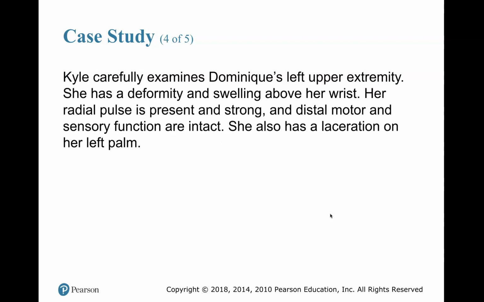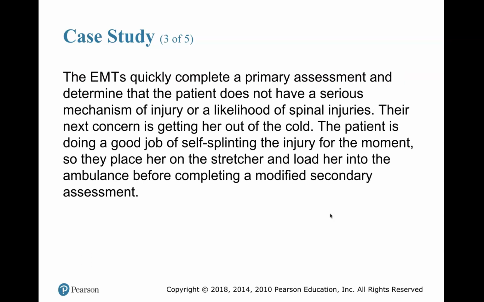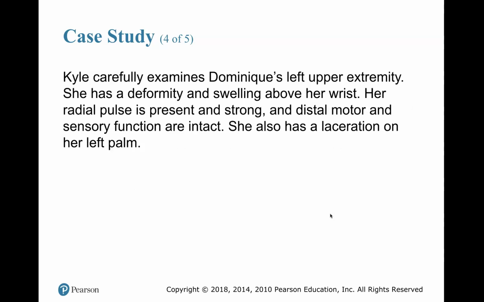Go back and look at the case study again. Big takeaway here is that she is self-splinting, so that she will be able to ambulate because she has no spinal injury. They notice deformity and swelling above her wrist.